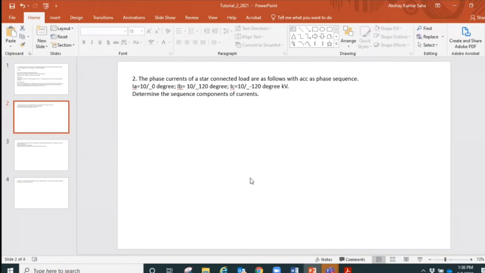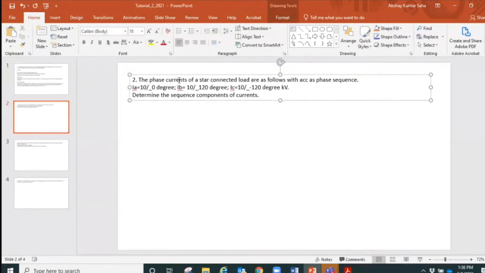The next one is similar, but it's working with the current now. It says the three-phase currents of a star-connected load are given with ACB as the phase sequence. I changed the phase sequence to ACB. ACB is considered as negative phase sequence. So we have to determine the sequence components of currents.